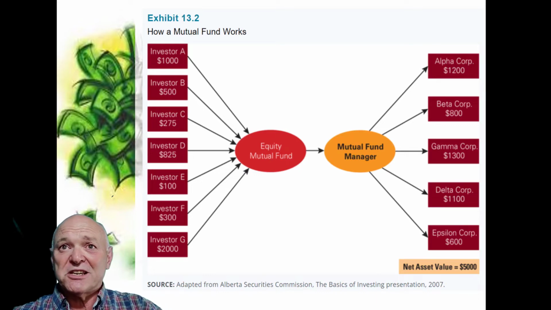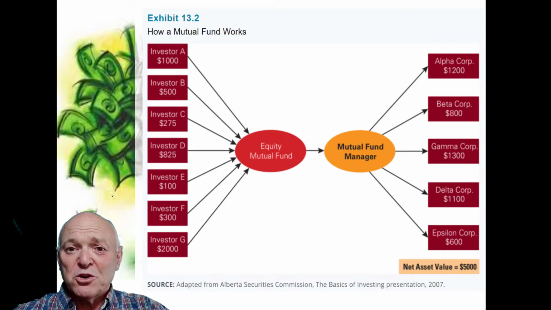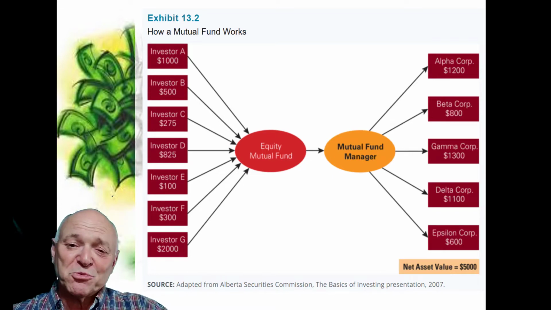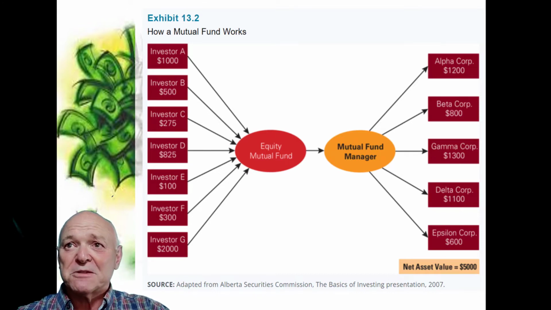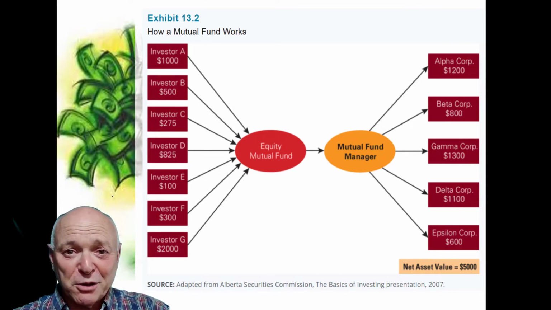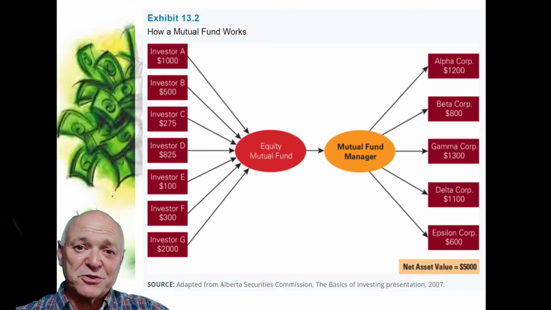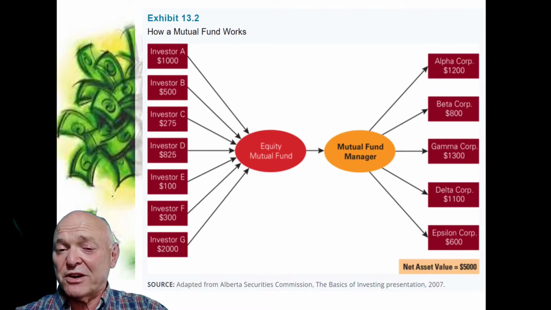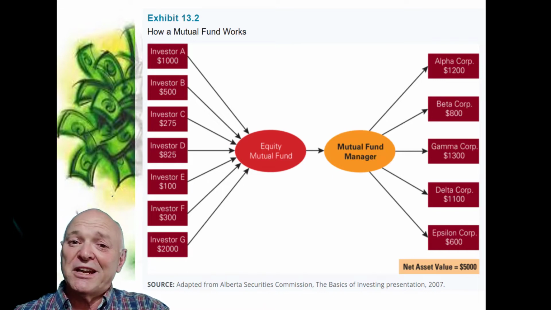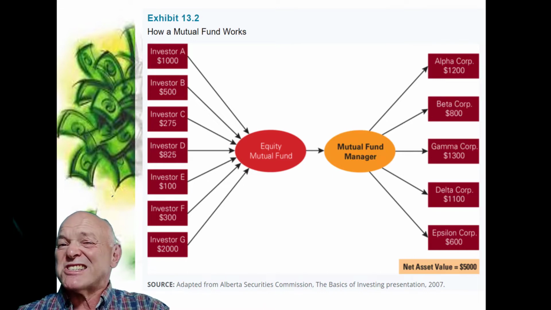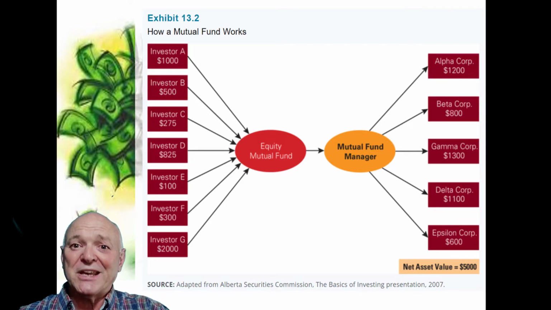That money is provided by the mutual fund to an individual fund manager who, alongside analysts, will put together a portfolio of investments. In this case, we've got another 5 companies, and varying amounts will be invested from this fund of $5,000. Again, the total amount invested is $5,000. So if you're investor D and you put in $825, you'll have a stake in the investment in these 5 companies, but not a direct investment in any of them.